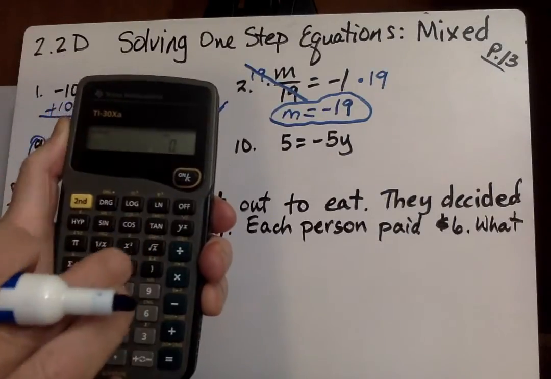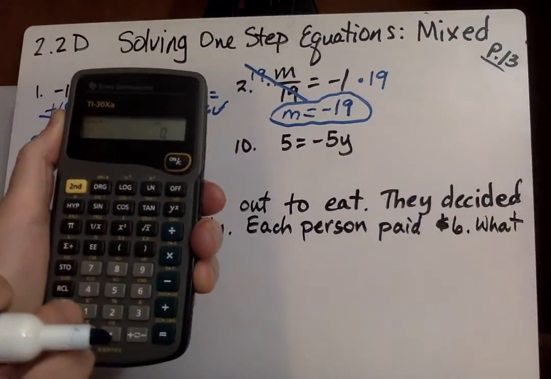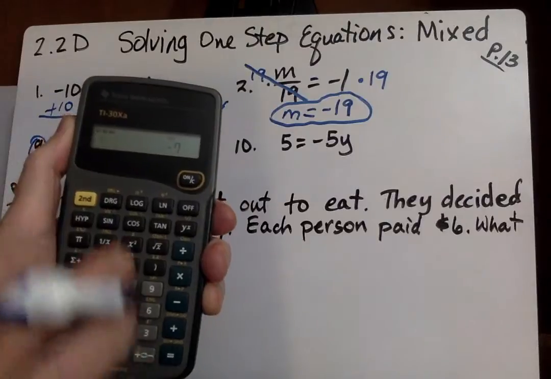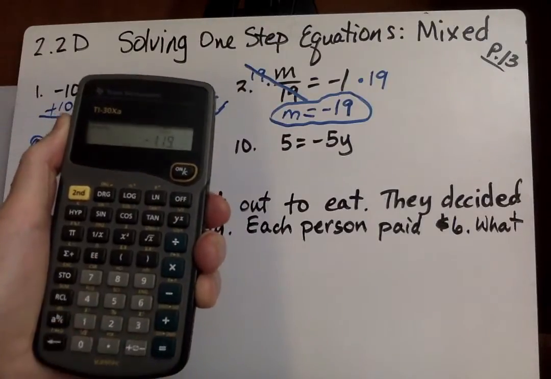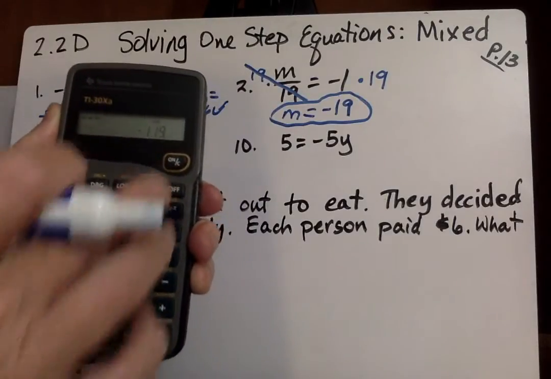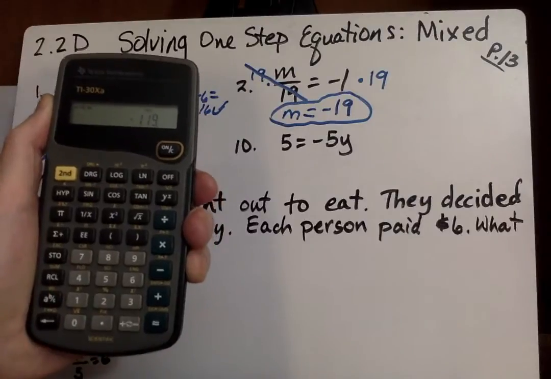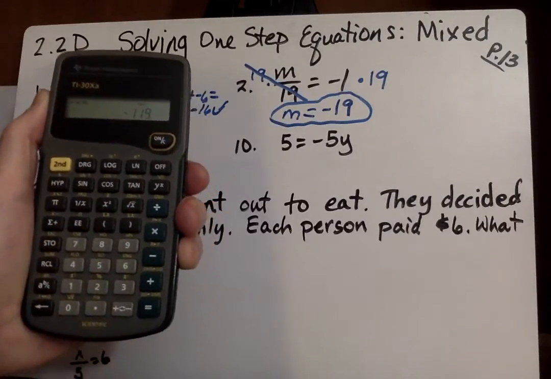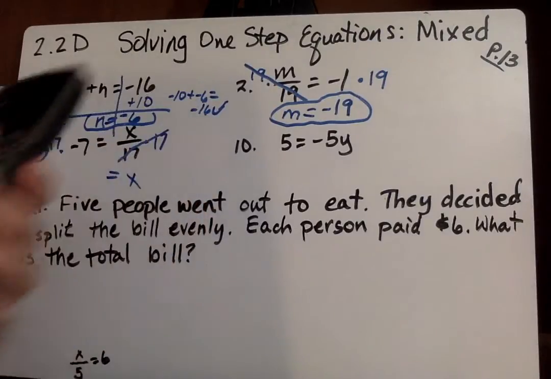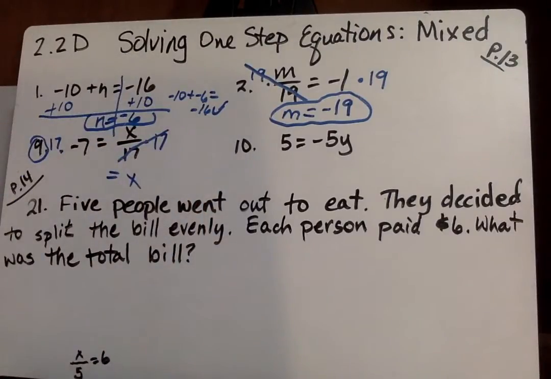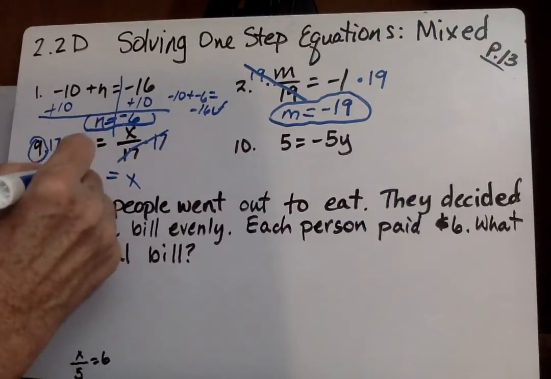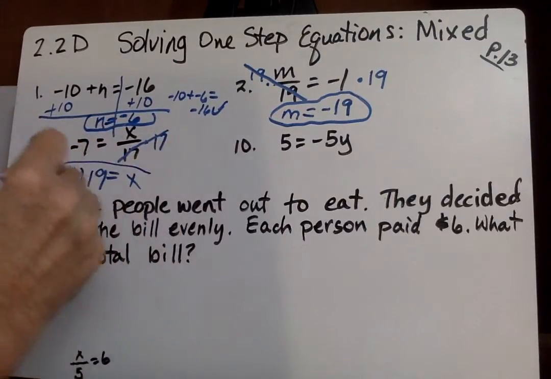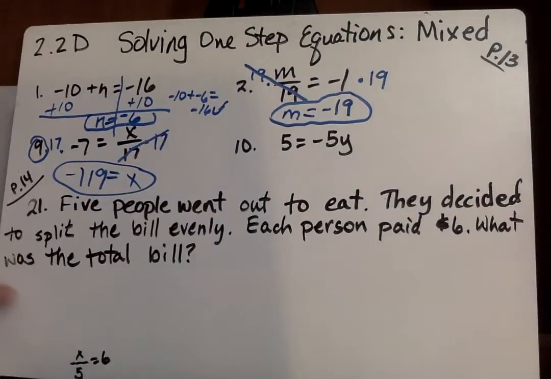So again, we go 17 times 7, and the plus minus is what it equals negative 119. Okay, so again, the plus minus right here changes your number from negative to positive or positive to negative. Okay, so I write x equals negative 119. And there's your answer. Okay.